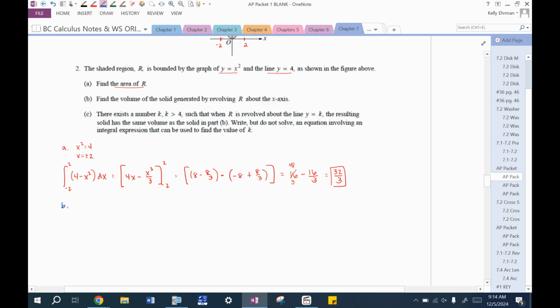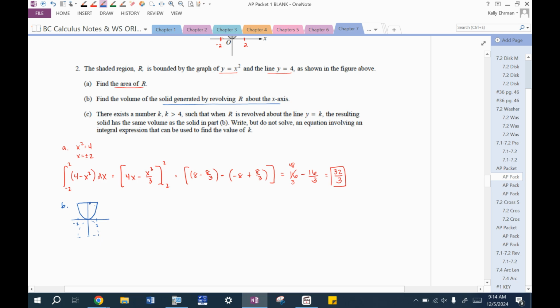Part B says, find the volume of the solid generated by revolving R about the x-axis. So I always like to sketch what I'm looking at here. So here's my little region that I have. It goes from negative 2 to 2. We're supposed to revolve that around the x-axis. That means that there's going to be some empty space, right?